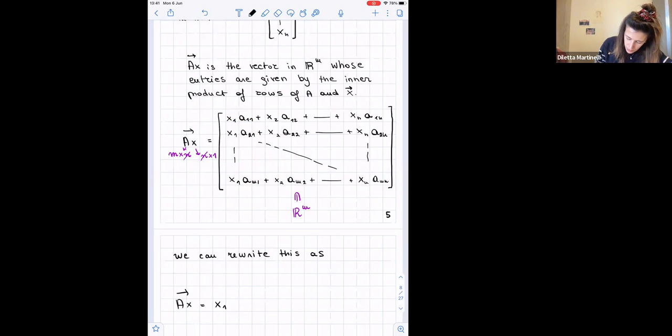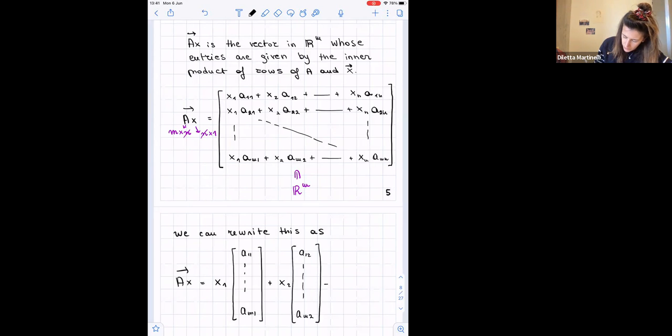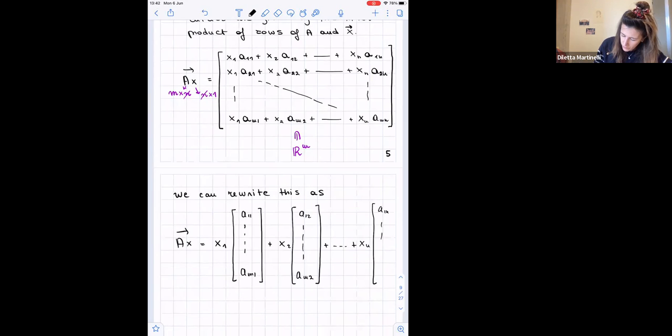We want to write it as x1 times (A11, ..., Am1) plus x2 times (A12, ..., Am2), and so on up to Amn.